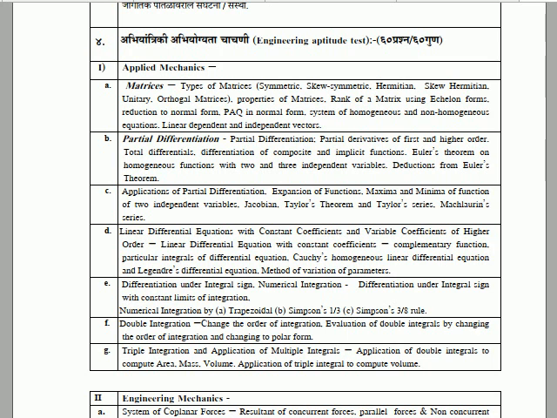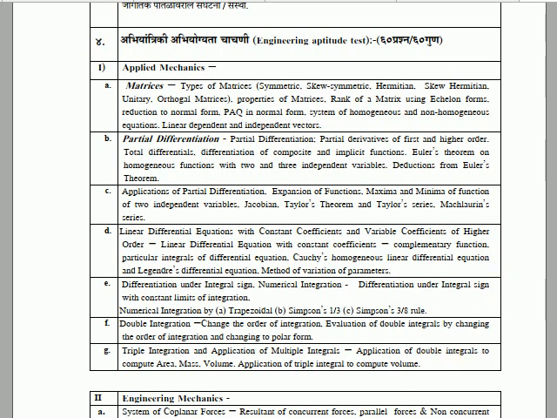In partial differentiation there can be questions on higher order, total differentiation of composite or implicit function, Euler's theorem on homogeneous function with 2 or 3 independent variables, deduction from Euler's theorem, application of partial differentiation, expansion of function, maxima and minima of function of 2 independent variables, Jacobian, Taylor's theorem, Taylor's series.